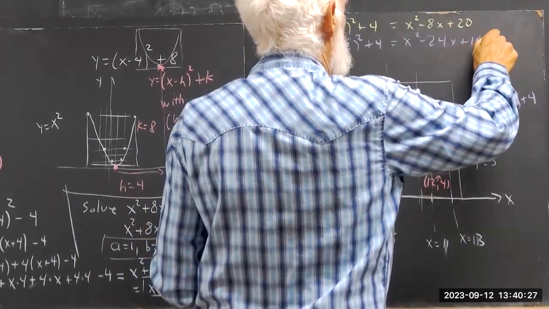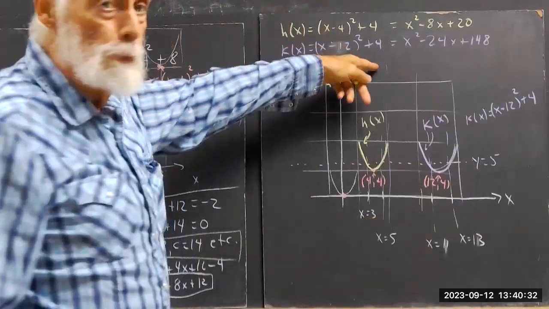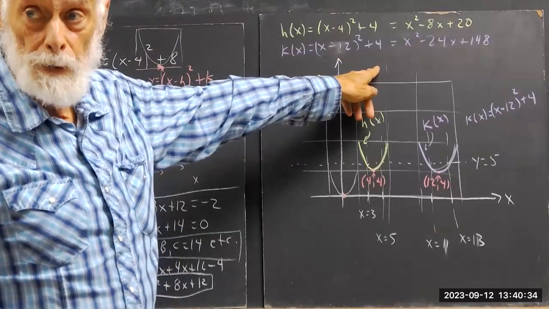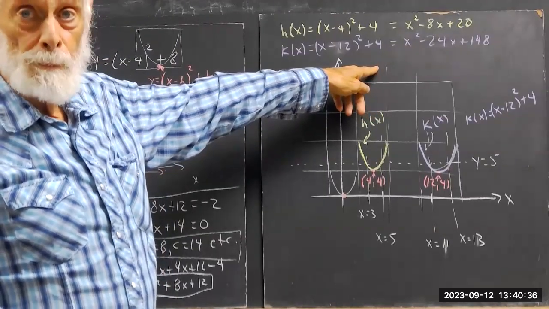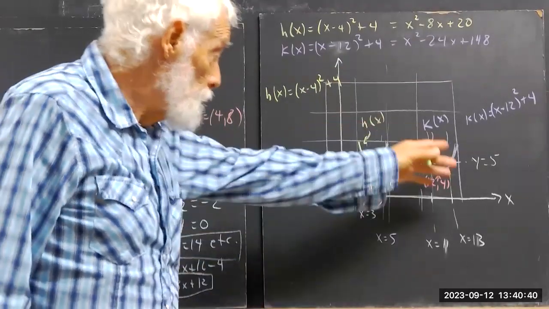Plus 148. You should go through the details of doing this because you need to get used to the algebra. Okay. So we'll put the picture together with the algebra.